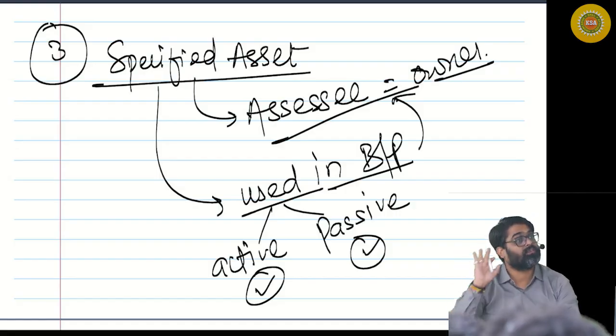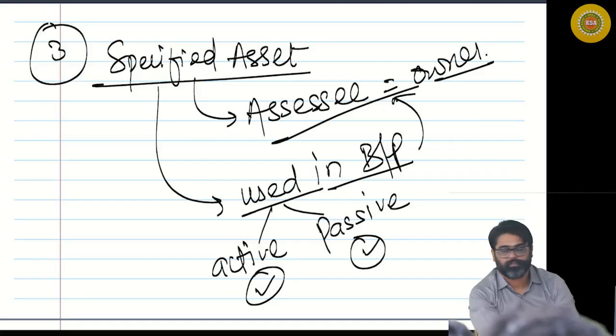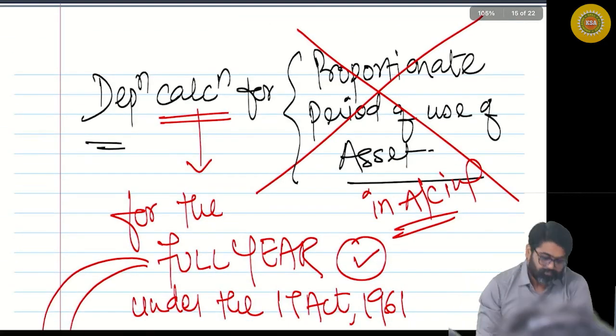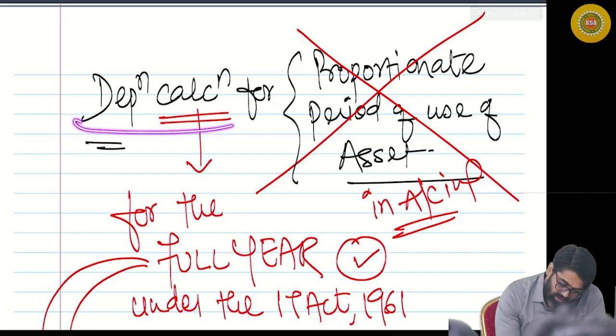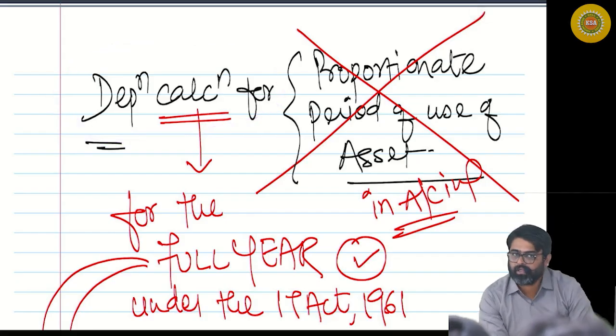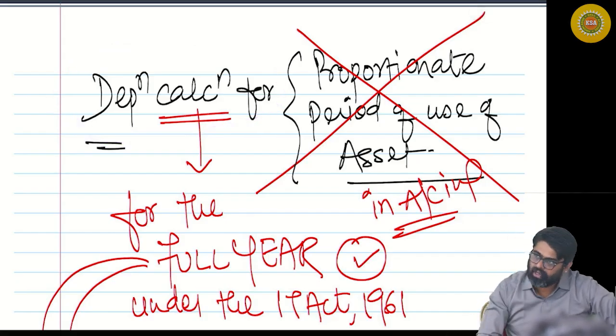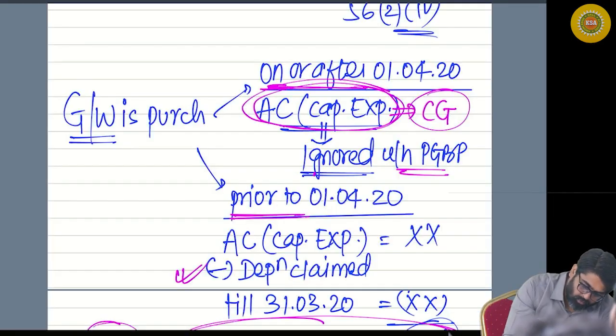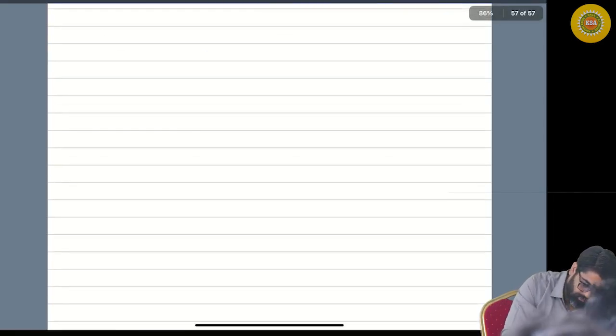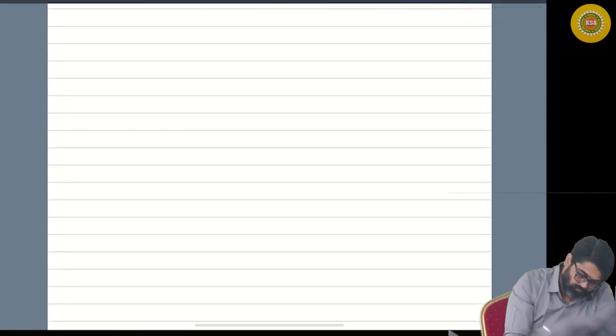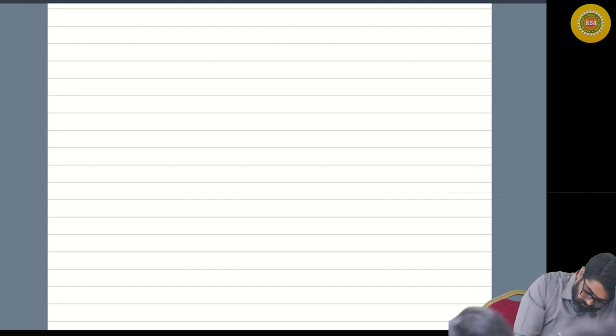On these assets, the depreciation can be claimed. Yes or no? Now pay attention. Now, see, one very important thing, depreciation calculation will happen only if, this is the assessee.